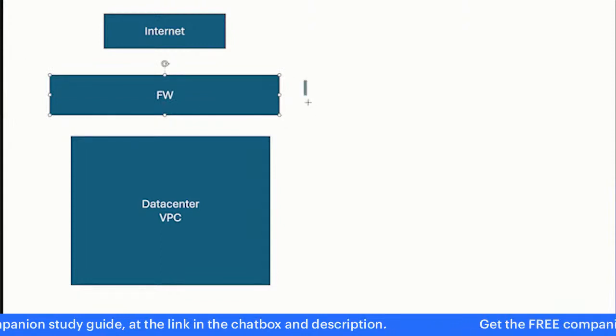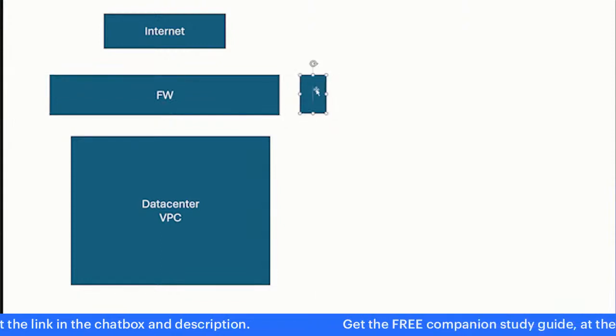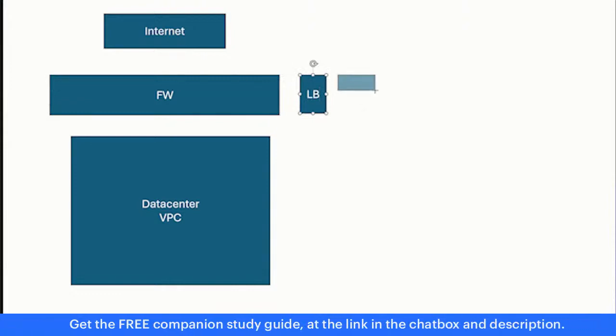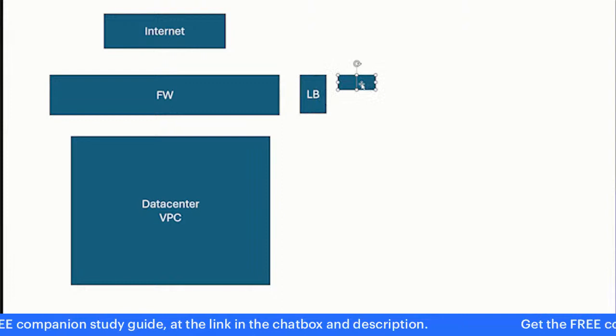And over here, you would typically have your load balancer, and your load balancer with a public IP address. And then behind it, you'd have your little web servers, which often might even have private IP addresses because they're behind the load balancer.